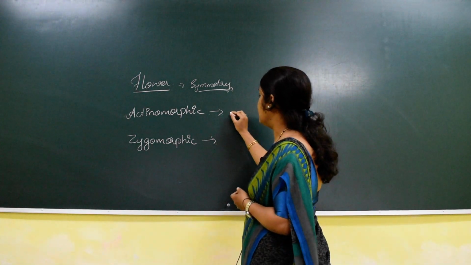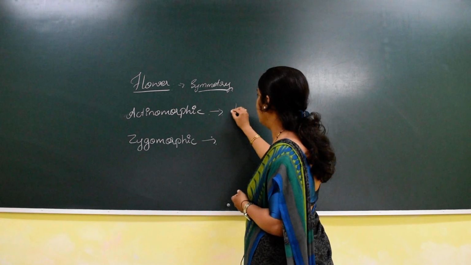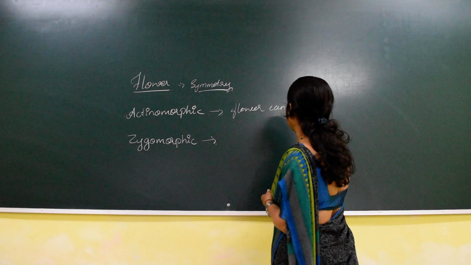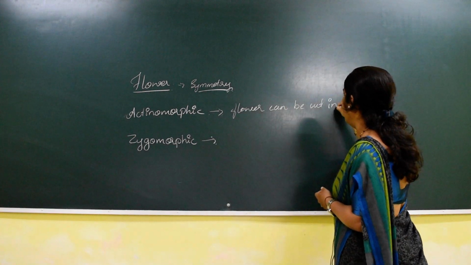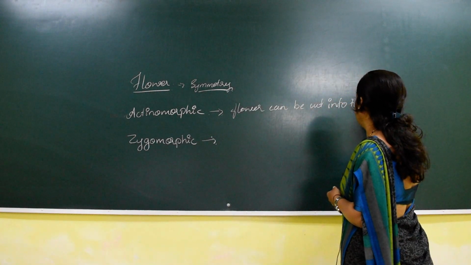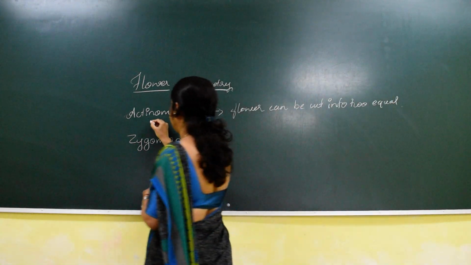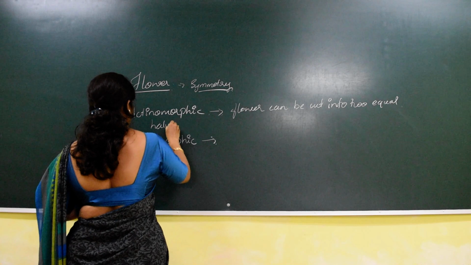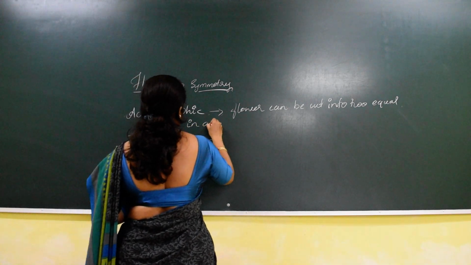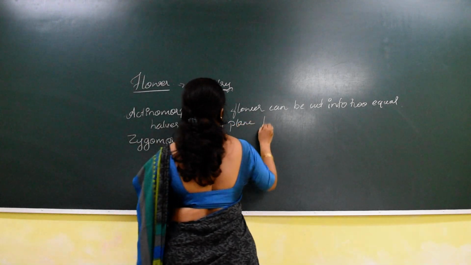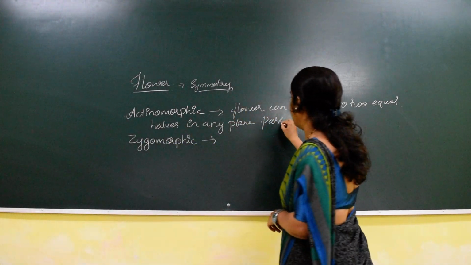So actinomorphic is a condition where the flower can be cut into 2 equal halves in any plane passing through the central axis.